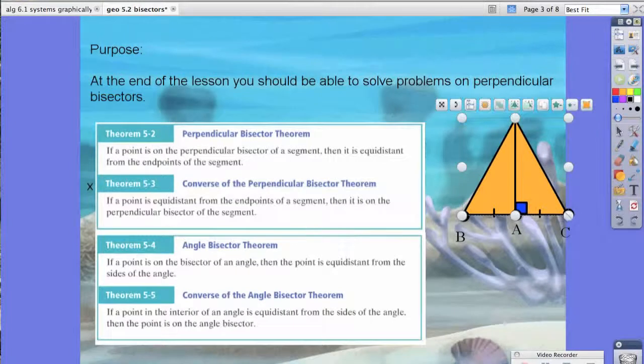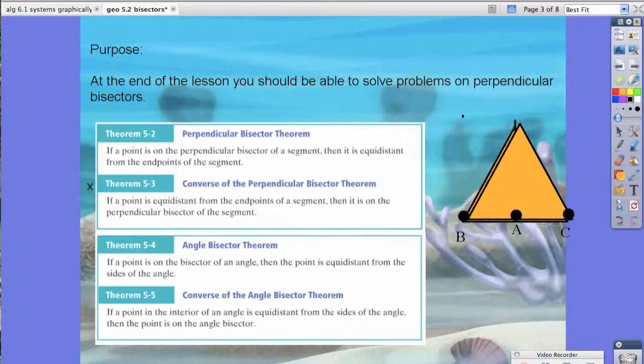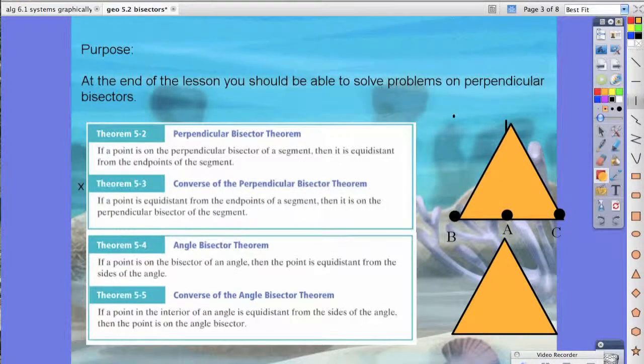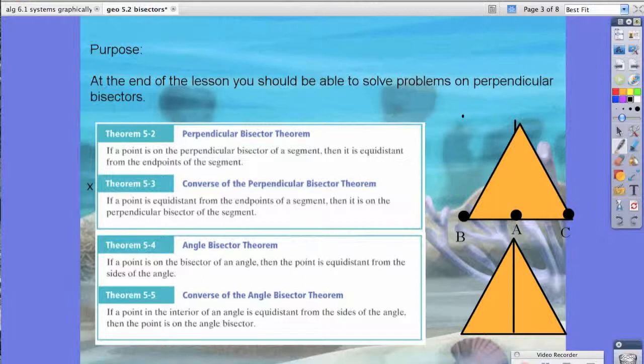So, with that said, we can use the same, or a similar triangle to what we used earlier, and we're going to create a line segment. So we're going to create a line segment that goes through it, and it's the angle bisector, which means it bisects the angle, or it cuts the angle in 2 halves.